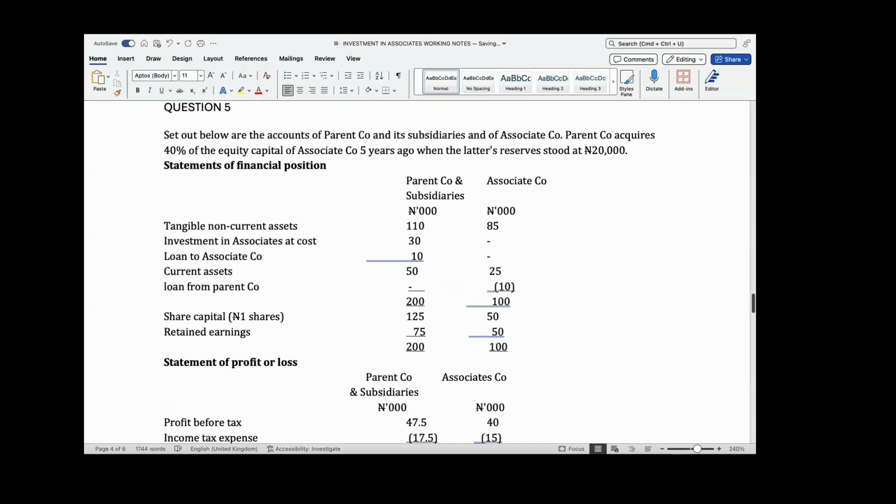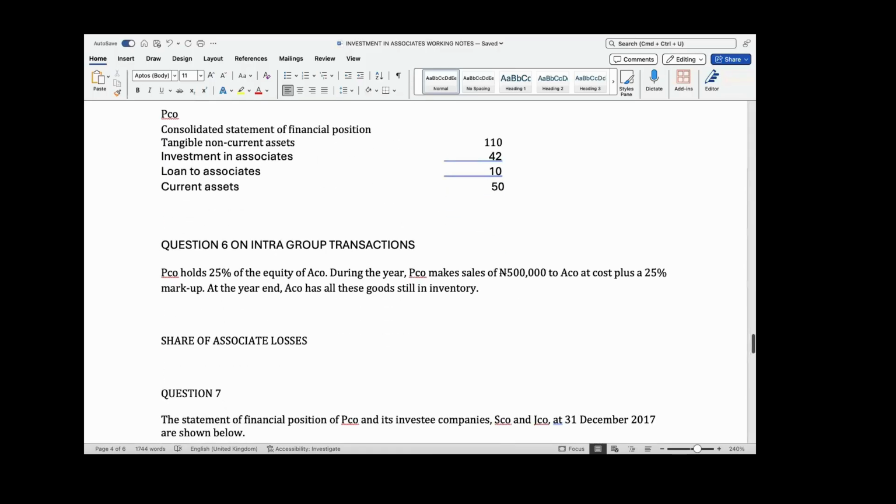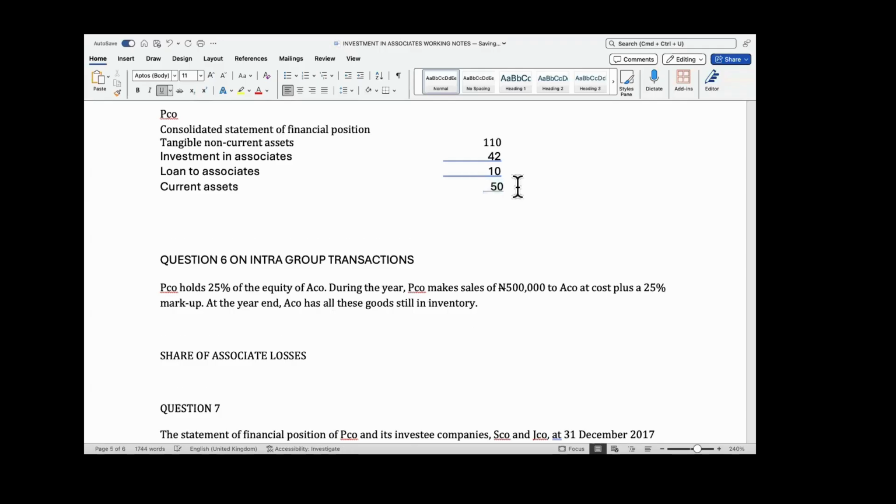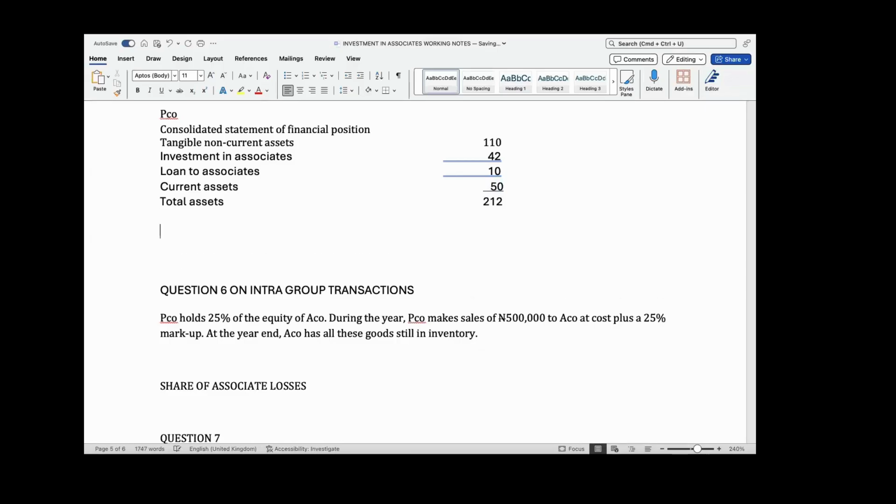And that's it for that end. So what's the addition of all this? My total assets? 212.